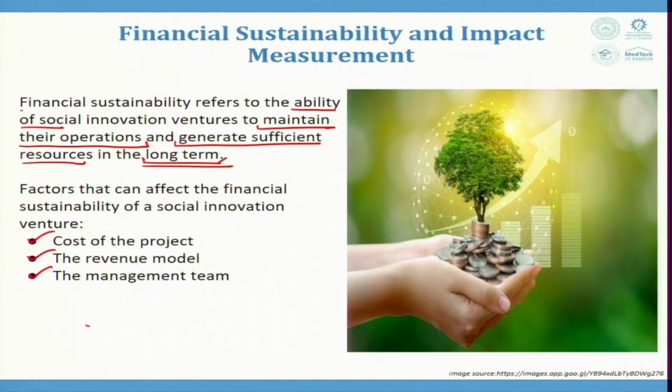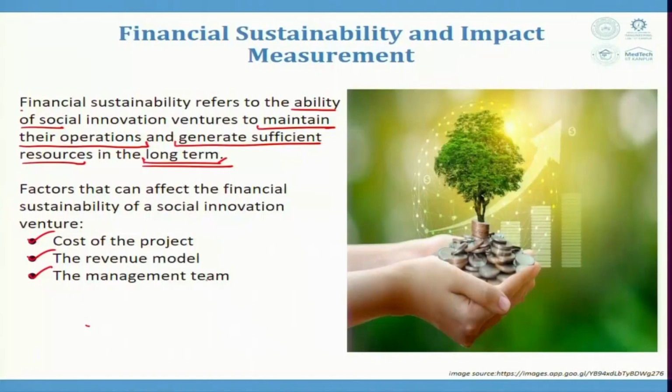Mentors are people who are well versed with the products of this kind and how customers respond to these kinds of innovations. So, their suggestions are very important. From the very amateurs to the experienced people in a management team, this helps us to have financial sustainability in the social innovation and in the impact measurement of the social innovation.